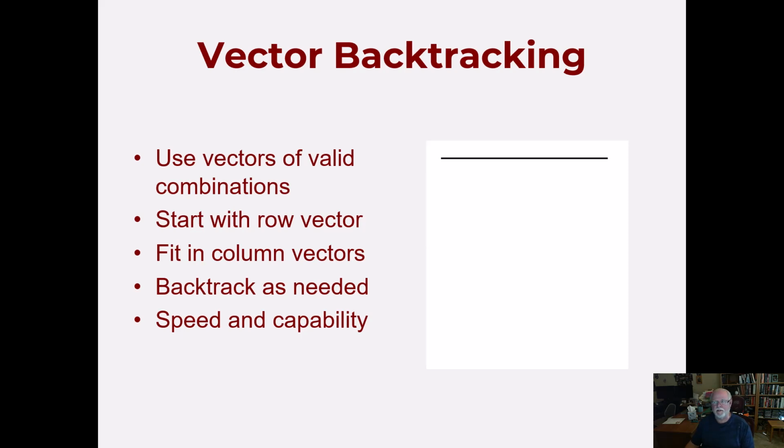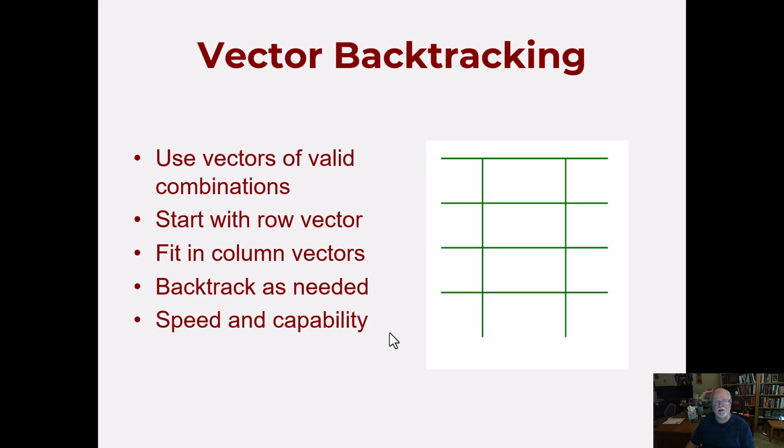Instead of looking at the individual numbers, what we do is we treat each set of valid number sums as a vector. And then instead of trying individual numbers, we try a vector. And like this little stylized animation went, we basically laid one in, we checked it, it didn't work, we backtracked, then went back, and then finally we were able to fill in the grid.